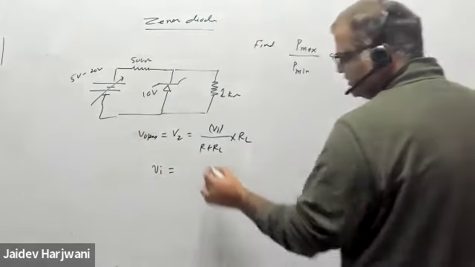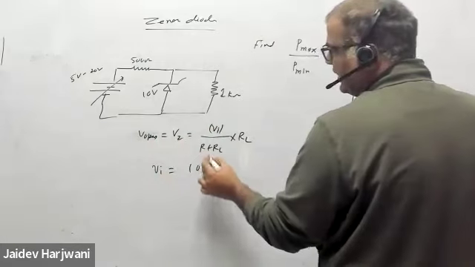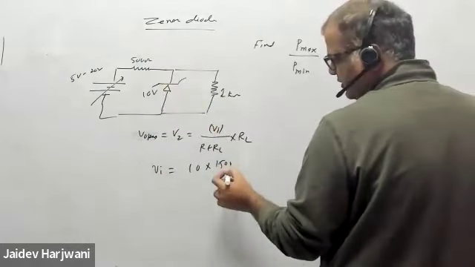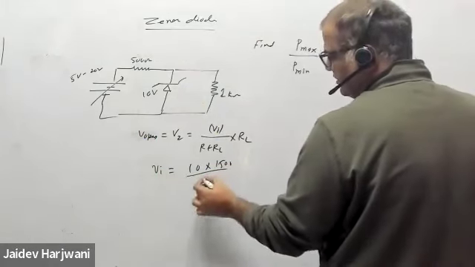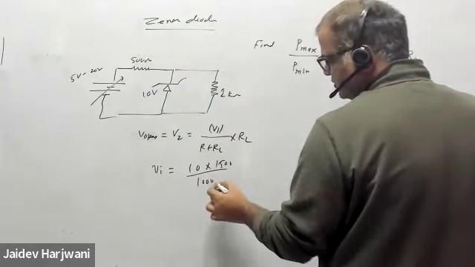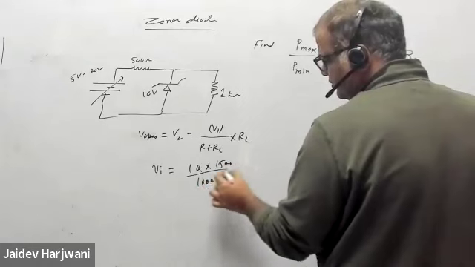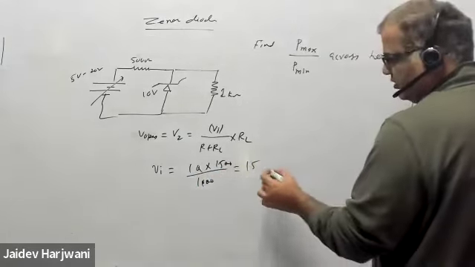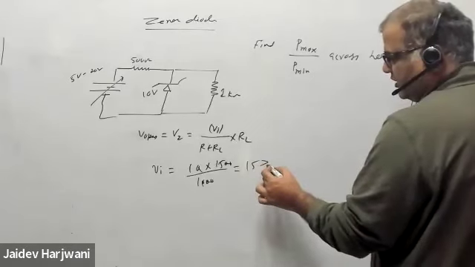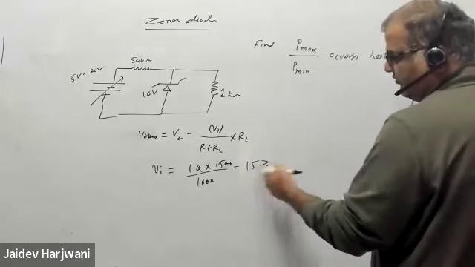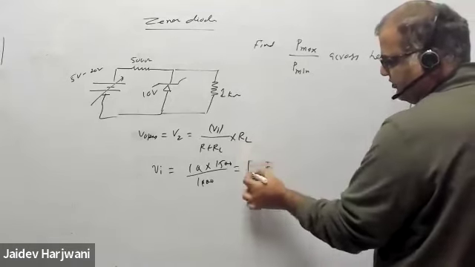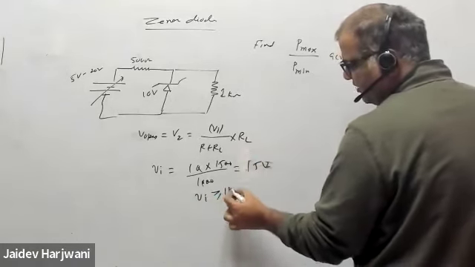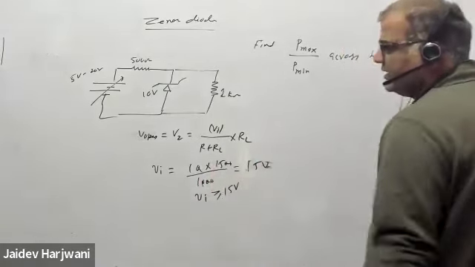VI should be 10, R plus RL is 1 kilo ohm and 1500 ohm, that is 1500 ohm, upon 1000 ohm. So this cancels out. So VI should be minimum 15 volt, should be equal to or greater than 15 volt.